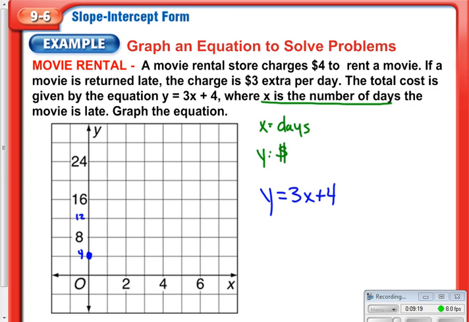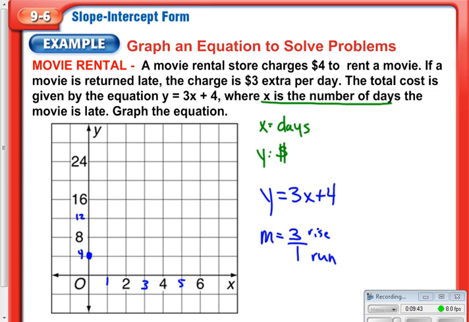My x intervals are really going up by 1s here. It looks like it's going by 2s, but it's going by 1s. So what I need to do is, from my y-intercept, use my slope, m, which is 3. Well, it's really 3 over 1. 3 is your rise. 1 is your run.